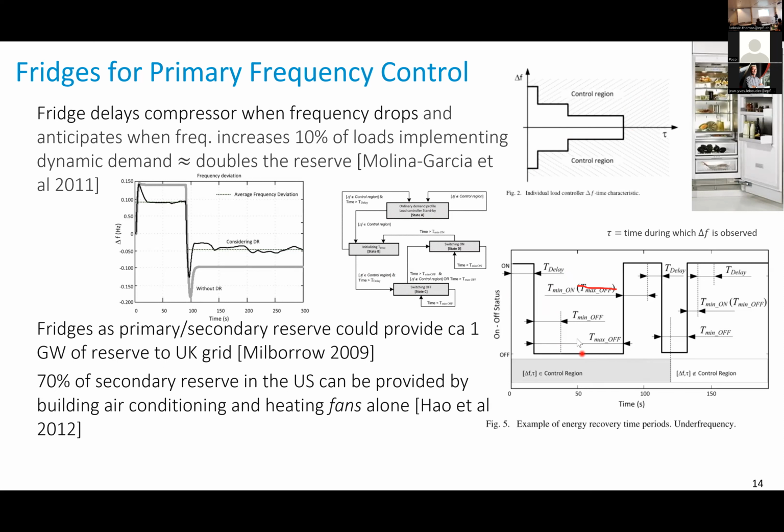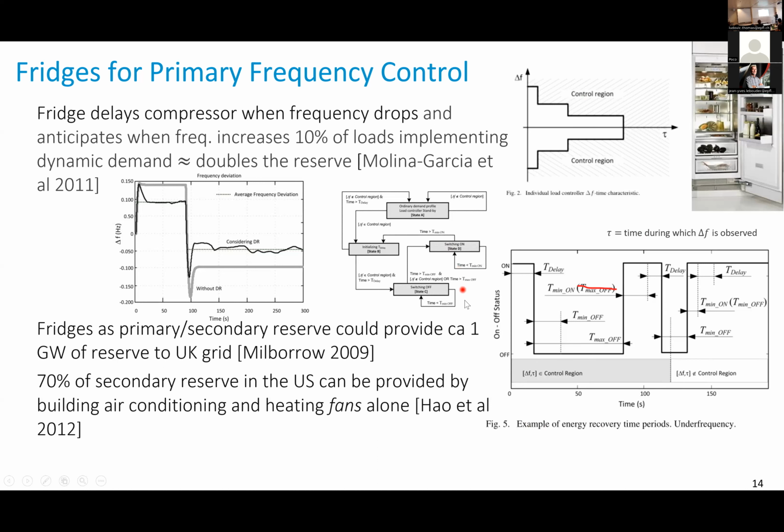So if it's in a period where the frequency has dropped, for example, then we might extend the off period. So the fridge is on/off. We might delay a bit the time at which the compressor will start again, or vice versa, if we're in a period where the frequency is larger than the nominal value.